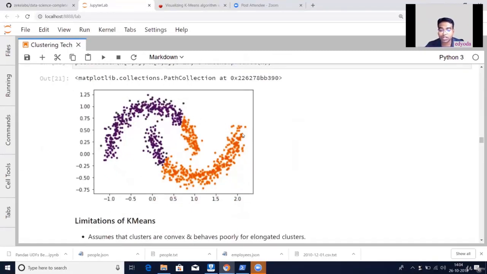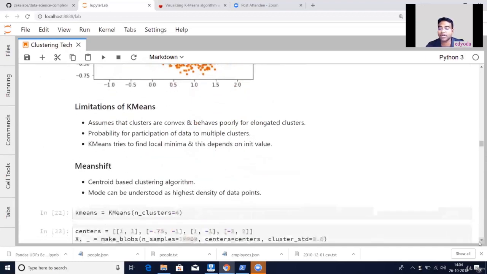That's the limitation of k-means. It assumes that clusters are convex and behaves poorly for elongated clusters, things like this. K-means also tries to find a local minimum, so you might have to experiment with different initial points to get the best option.